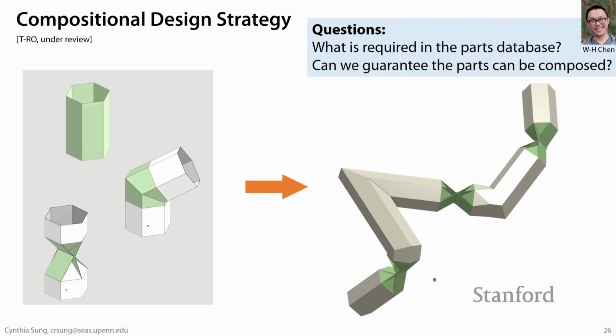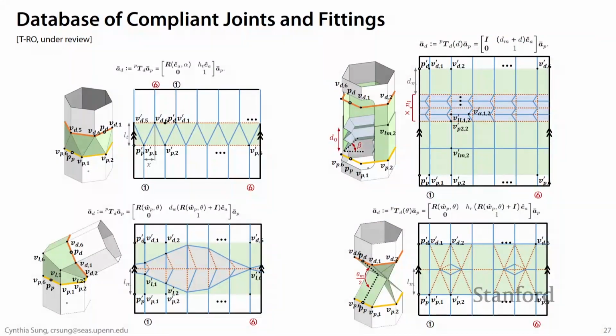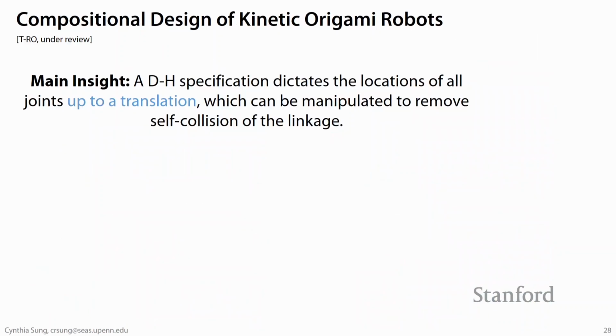And two, can we guarantee that these parts can be composed, and how do we compose them in order to achieve a particular kinematic chain? So my student Wei Shi has put together an expanded database of parameterized parts. They give you different geometries and different degrees of freedom. And we've started tackling this problem of can we compose these structures together.